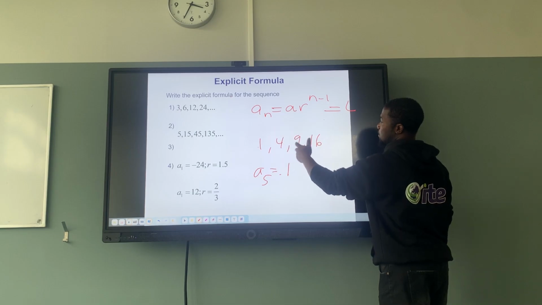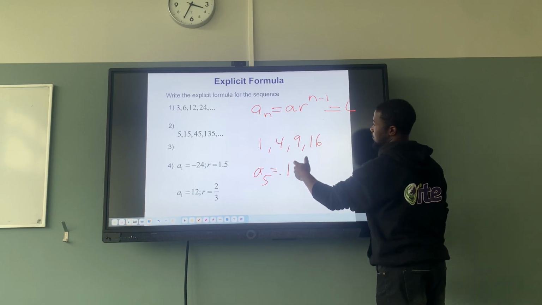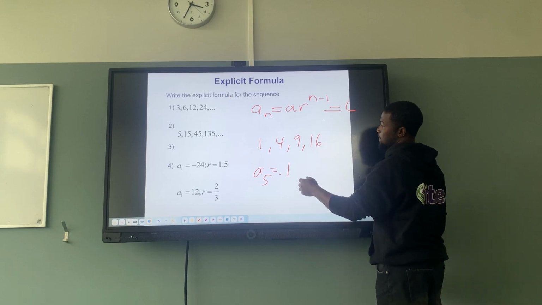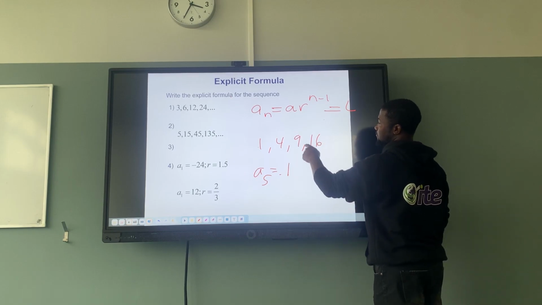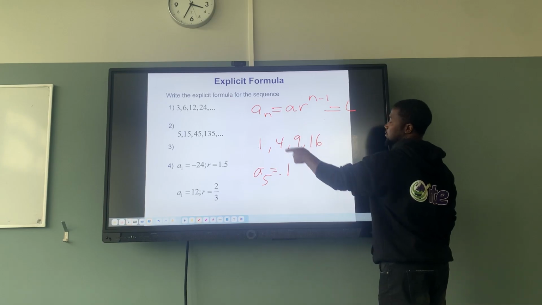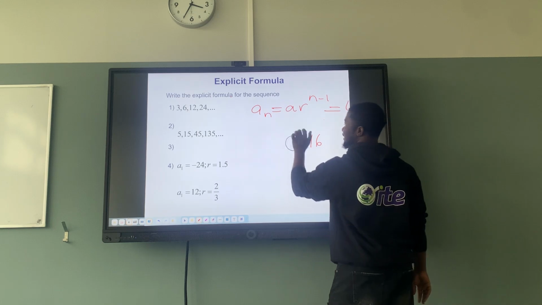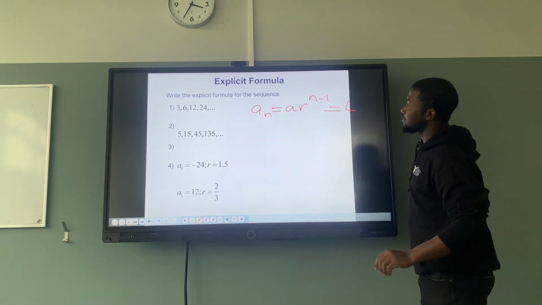Is it the common ratio? 9 divided by 4 is not equal to 4 divided by 1. So this is not a geometric sequence. So I am getting to know that.